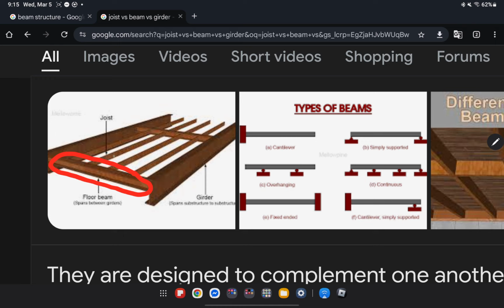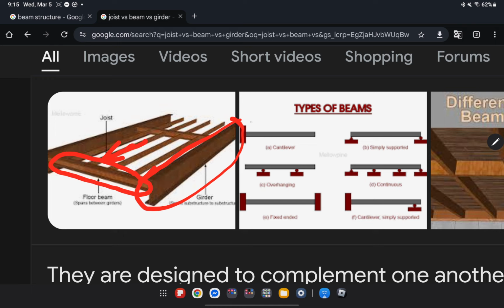So the joist passes its load towards the floor beam, and then the floor beam passes its load to the girder. So the girder is the strongest among the three, and usually this is the one that carries lateral loads.